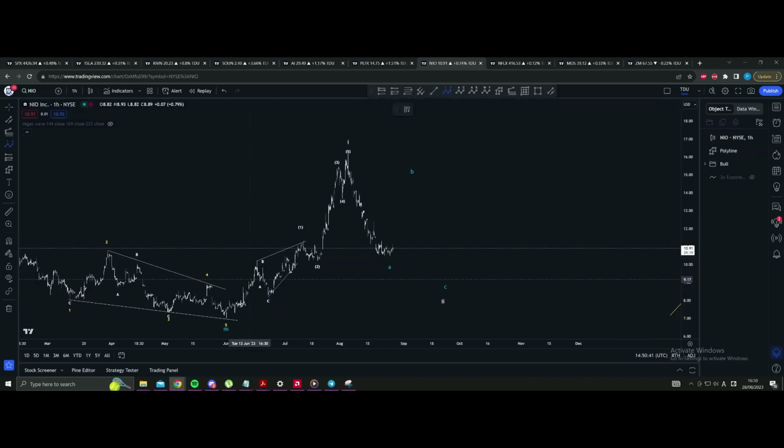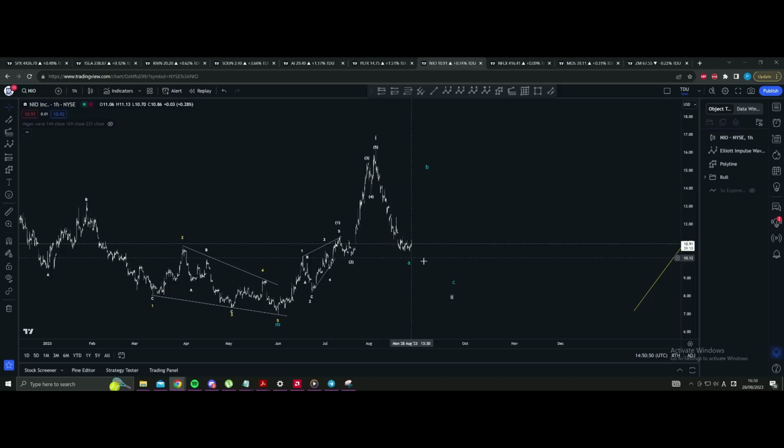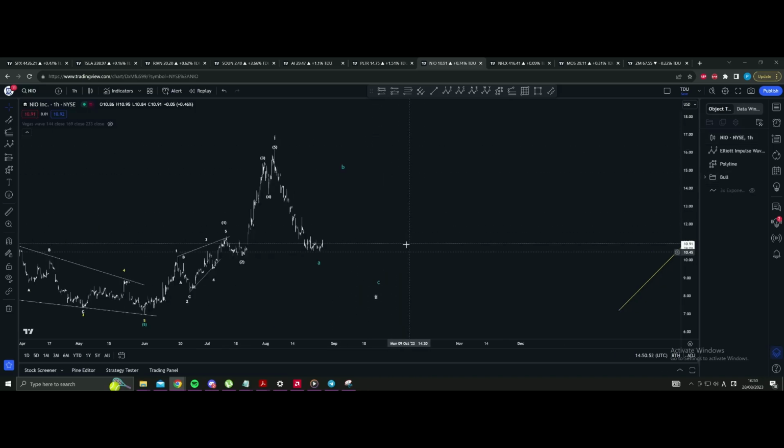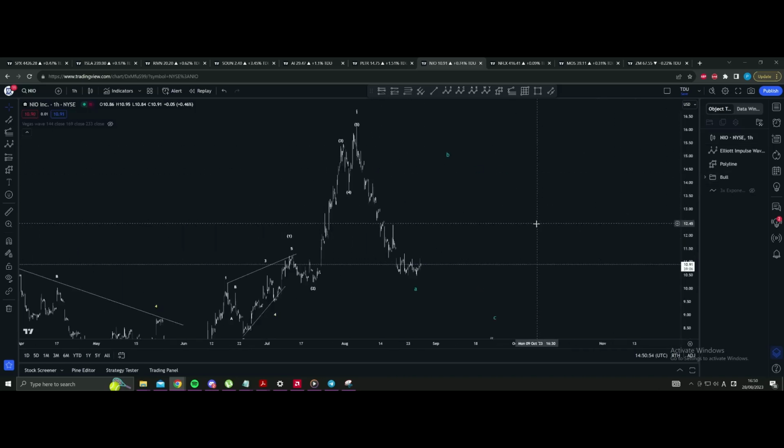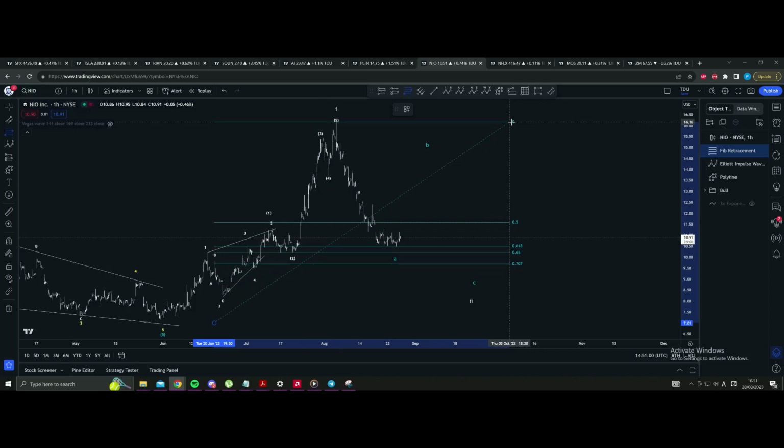Sorry. So this one would be 1 2 3 4 and 5, wave 2 3 4 and 5. Then obviously we have an impulsive here, and perhaps it's getting done right now as we speak, and the fibs are still holding for the bulls.